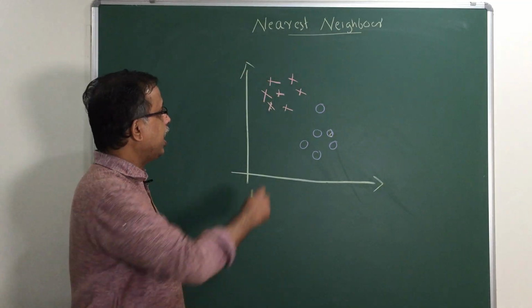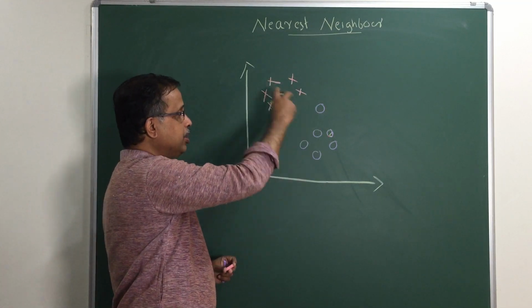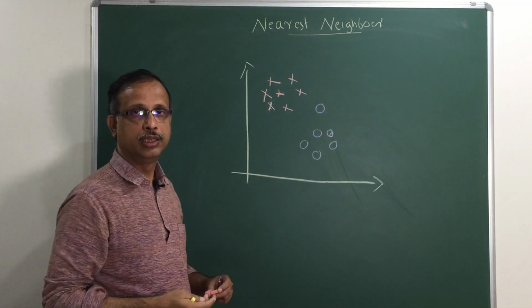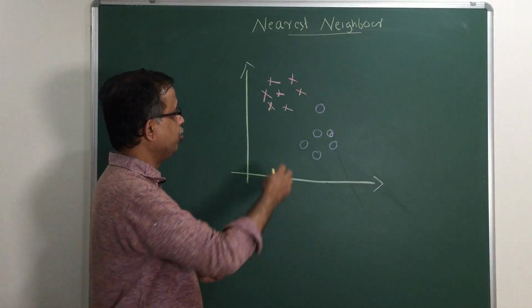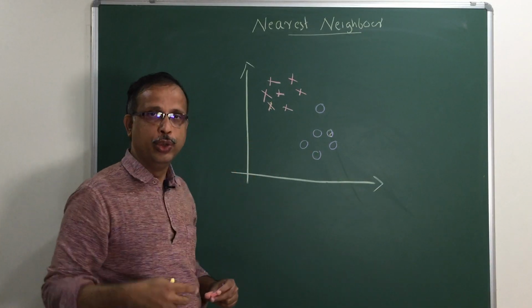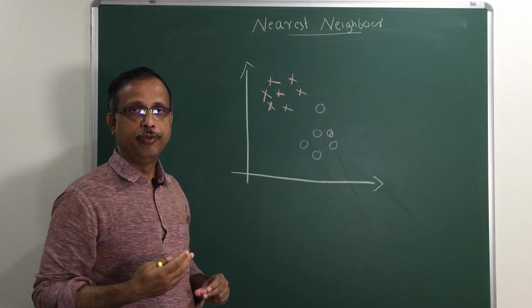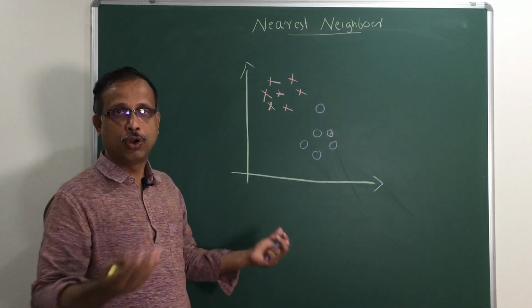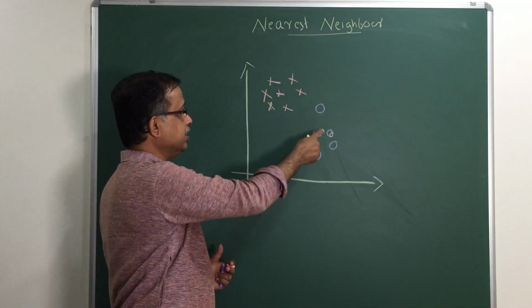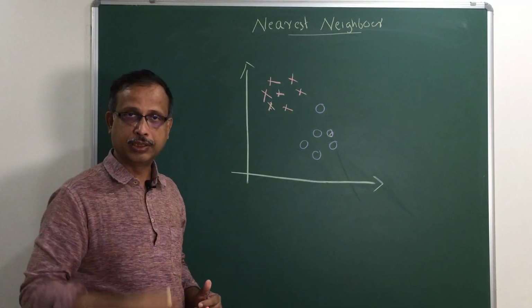So now, availability of a few samples beforehand is helping us to make the decision on new samples, which we have not seen till now, which we don't know the labels, but we can make the decisions. We can make the predictions.